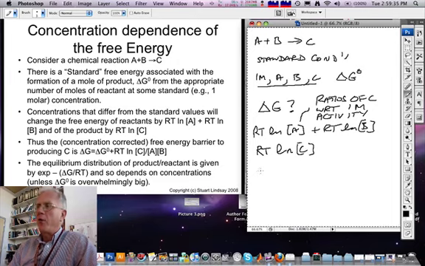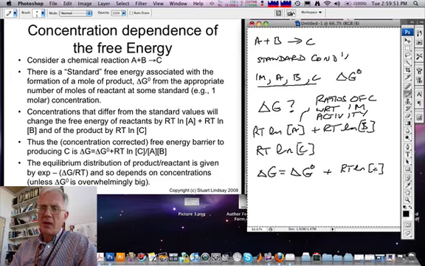So if we therefore write down the actual free energy for the reaction as the free energy difference in standard conditions, which will be negative if the reaction is spontaneous, we have to add to that a term RT log of C, because as the concentration of products goes up, the free energy for driving the reaction is reduced.